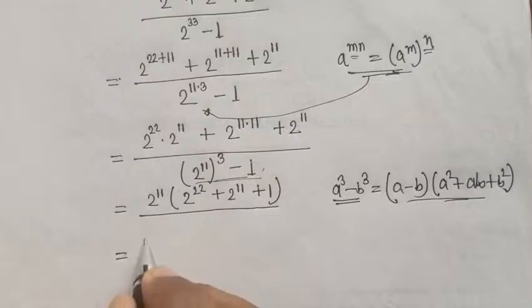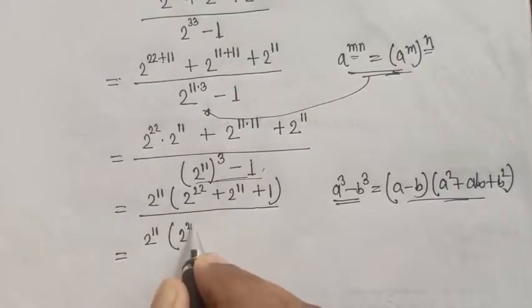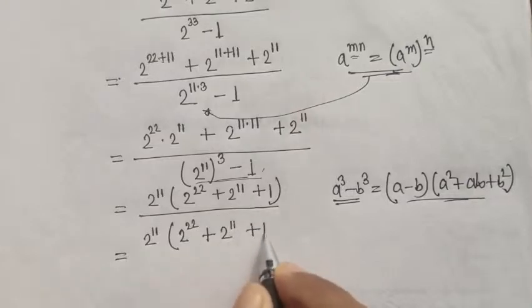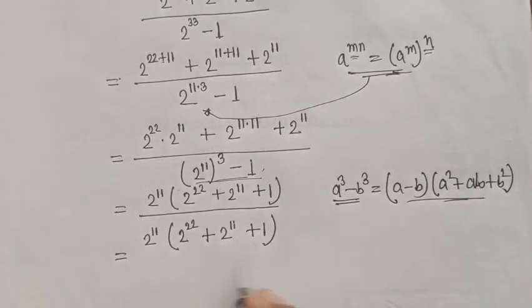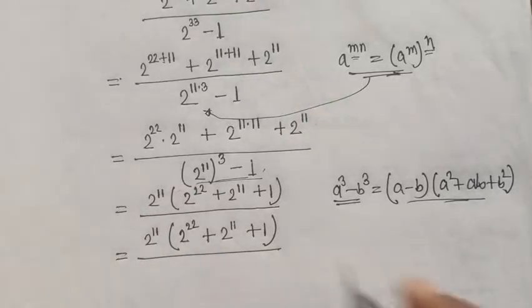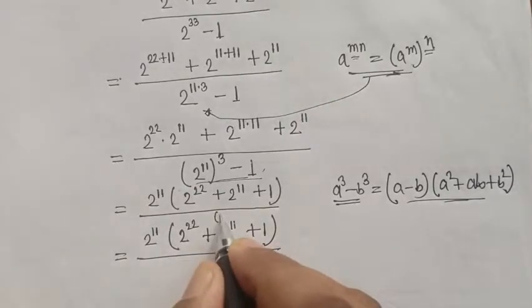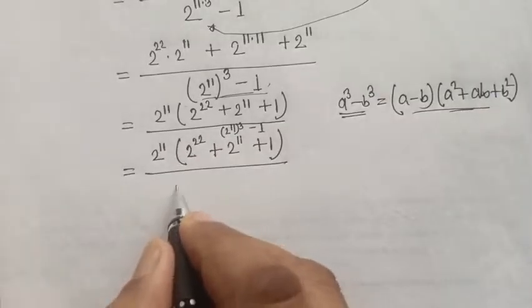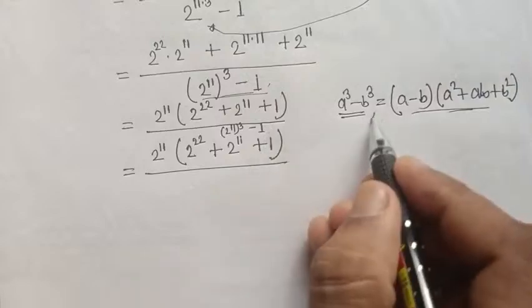So if we apply this, we get 2 to the power 11, 2 to the power 22 plus 2 to the power 11 plus 1 by, sorry, we forgot to write here 2 to the power 11 to the power cube minus 1, sorry for that. Okay, so now we are applying this formula here.